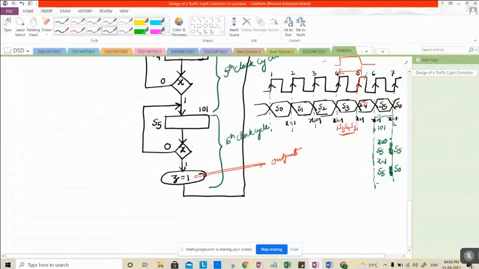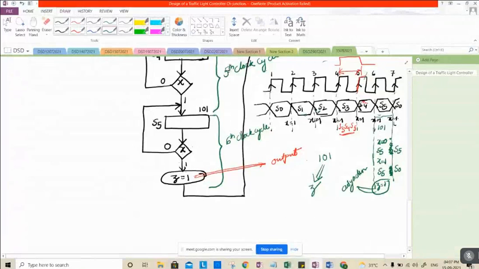But generation of output z is equal to 1 is an asynchronous phenomenon. This is asynchronous. This doesn't depend upon the clock. z equal to 1 doesn't wait for the positive edge. Just depending upon the value 101, it is going to generate z, depending upon a small combinational circuit that is placed there.